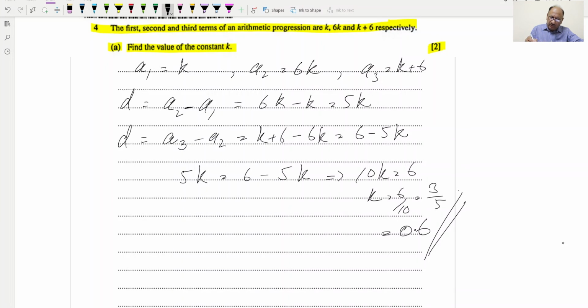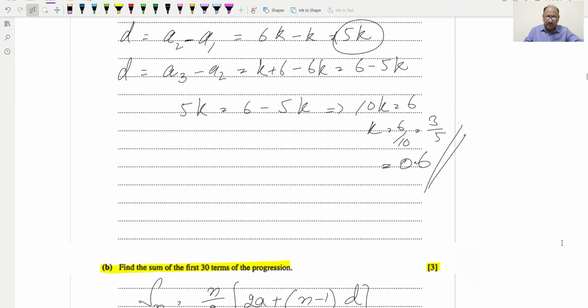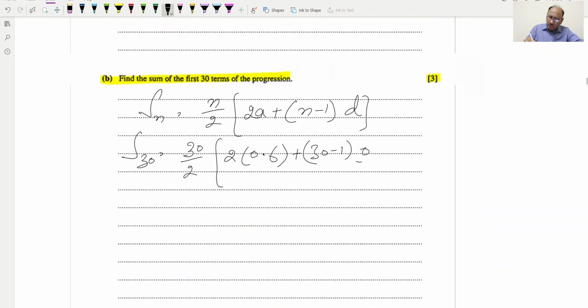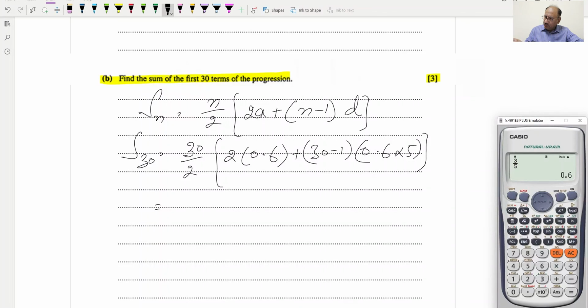The d value is 5k, so we can write it as 0.6 into 5, and bracket close, and we can simplify in one go.